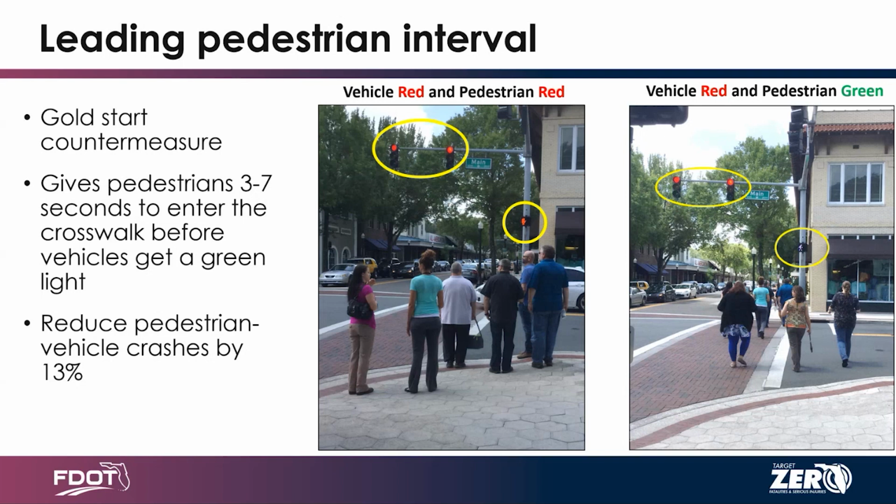And so our visually impaired users are aware that they're getting a head start versus having to wait until they hear the vehicle go. And so we also want to make sure we're serving not only pedestrians, but all potential users, the visually impaired as well.